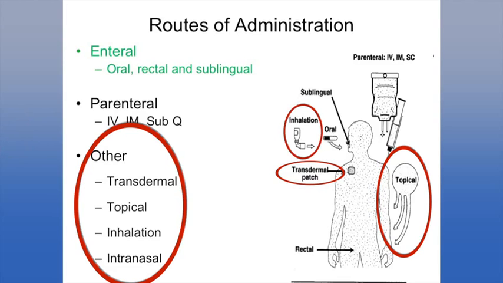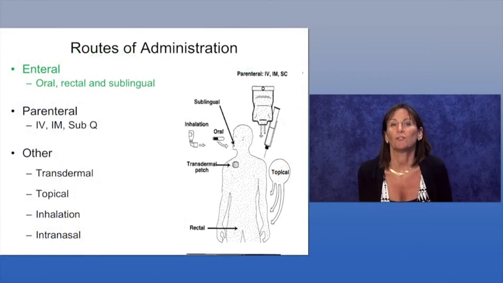Patients with asthma use inhalers. That's probably the best example of inhalation as a route of administration. And then there's intranasal, when you have a bad case of allergies and you use some type of sinus medication. You sniff it up your nose, and that is referred to as intranasal. So a multitude of different routes of administration.